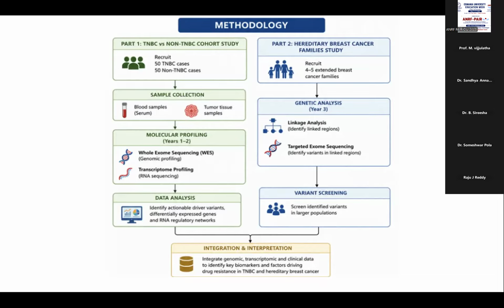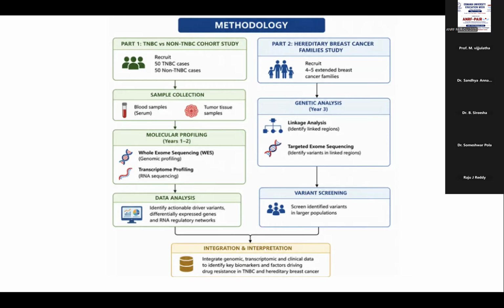So the variants will be analyzed by subjecting them to whole exome sequencing as well as transcriptome profiling, and the data will be analyzed whereby all the computational tools will be applied to identify the actionable driver variants and the differentially expressed genes, which will be validated on a large cohort later to see the prognostic significance.